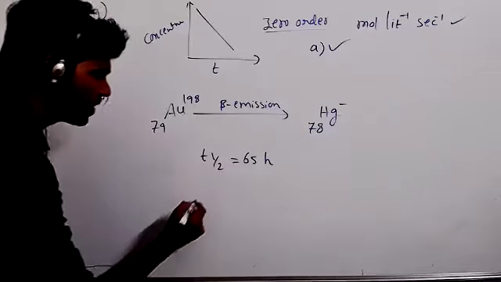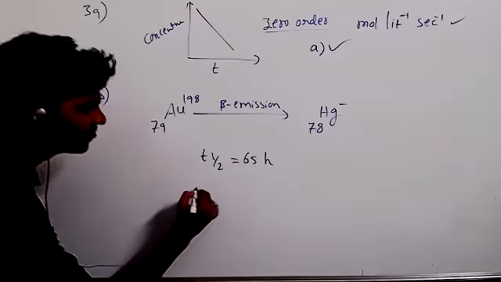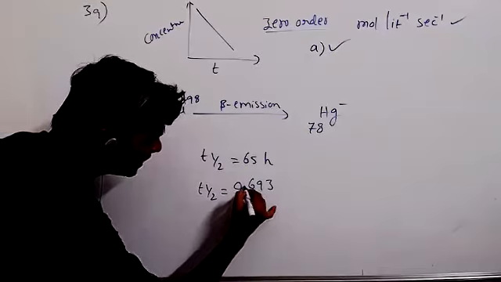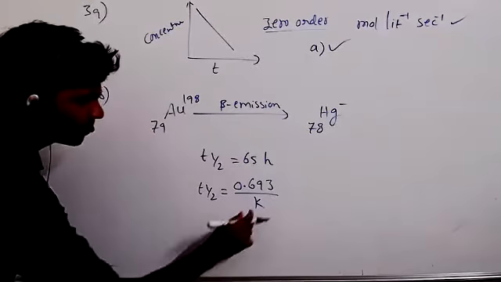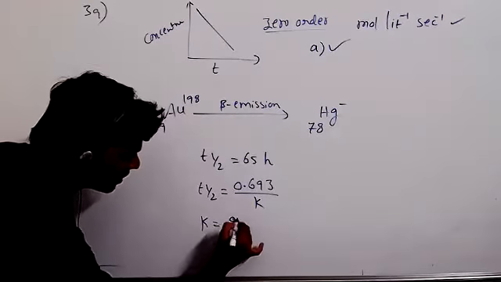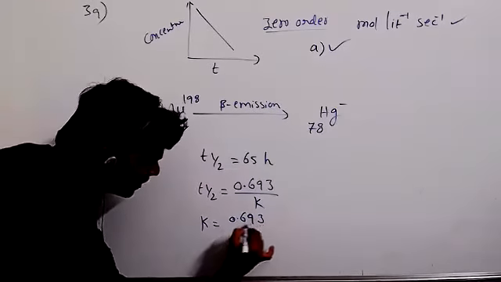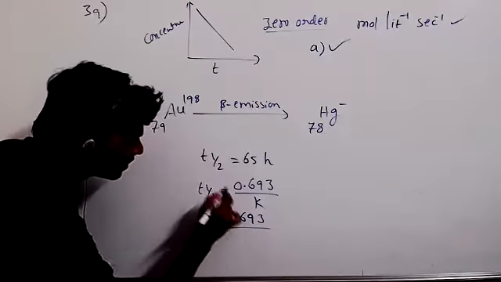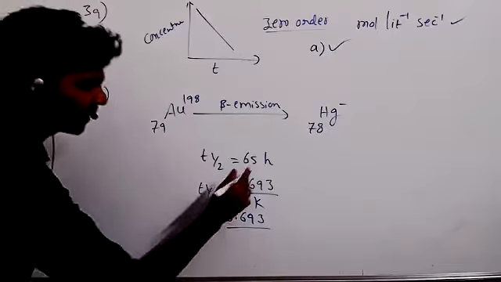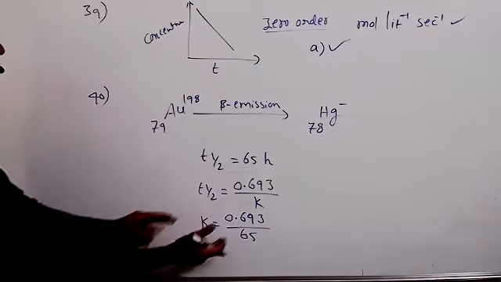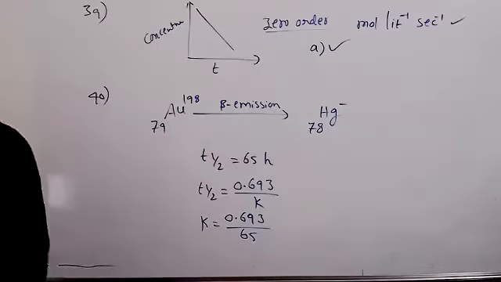In first order kinetics, the half-life formula is T half equal to 0.693 by K. Now T half is given, so calculate the K value. K is equal to 0.693 by 65. Now this K value we substitute in the rate equation.